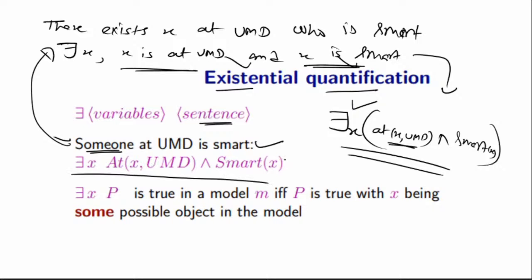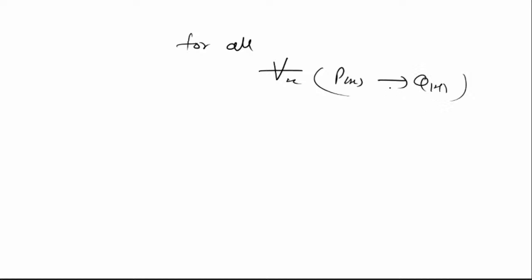One thing you can notice is that when we were dealing with the universal statement, the for all statement, at that time we were writing like this: for all X, P(x) implies Q(x). So when we were dealing with the for all statement, we were using implication.